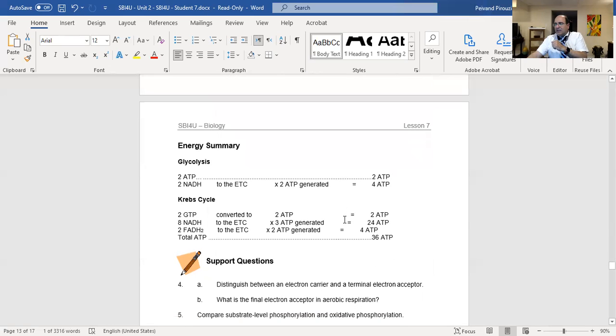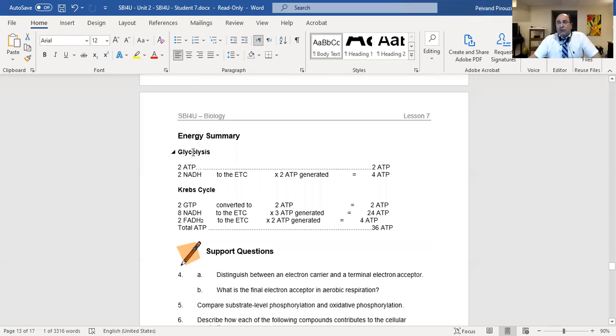So at the very end, if we have one molecule of glucose, after the Krebs cycle we will be able to produce 2 ATP for converting GTP to ATP. We have NADH to ETC, so we have 24 ATPs. Overall, we have 36 ATP molecules produced after using one molecule of glucose.